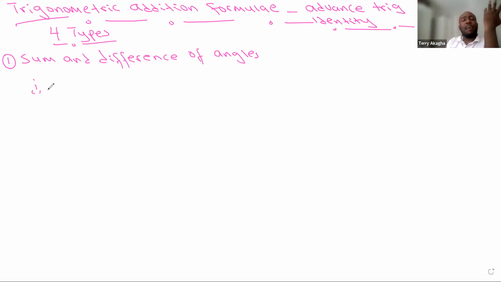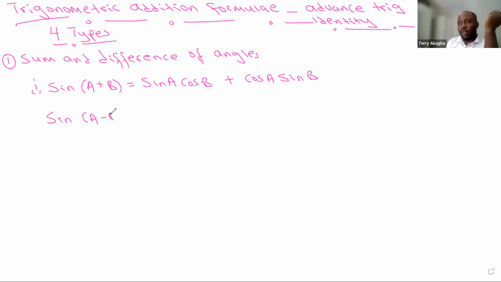Let's say, for instance, we have the first one, sine A plus B. It's going to give you sine A cos B plus cos A sine B. Now, if it's minus, sine A minus B will be equal to sine A cos B minus cos A sine B. But usually in maths, we combine both of them together.